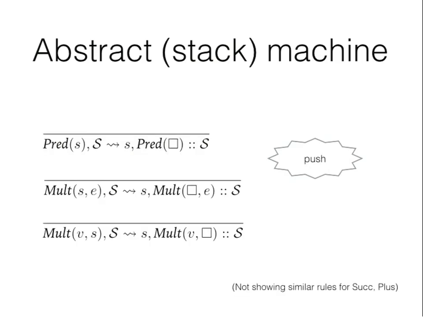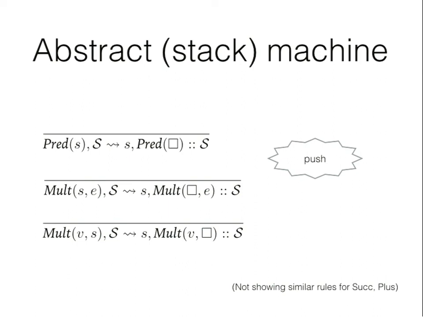Or it could be that I've got an expression that is like the predecessor of some serious term. Then I'm going to push a frame onto the stack and focus on doing the work on that serious term. What this is really implementing is that idea of decomposing the program into a context and an expression that you're going to reduce.